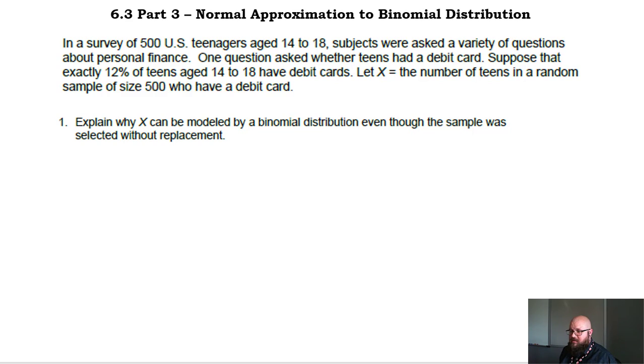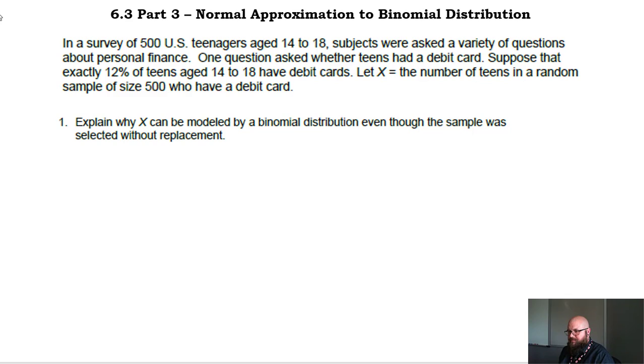Alright, so we've got a lot of numbers to throw out here, so let's see what we have to use. With this one, we'll explain why X can be modeled by a binomial distribution, even though the sample was selected without replacement. So without replacement, we know it's not really independent. Let's see what we can do.